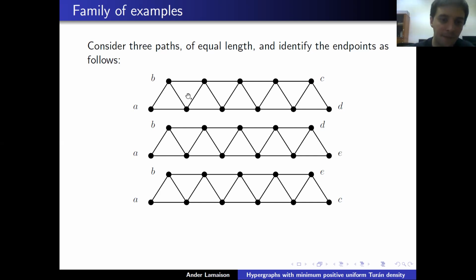Then let's suppose, for the sake of contradiction, that this hypergraph is vanishable. And let's fix the order of the three vertices in the first edge of the first path. Well, because of the property that I showed before, the order of these three vertices also forces the relative order of the three vertices in the second edge.